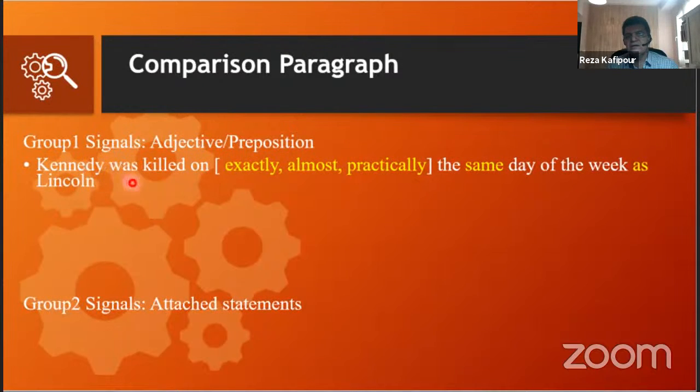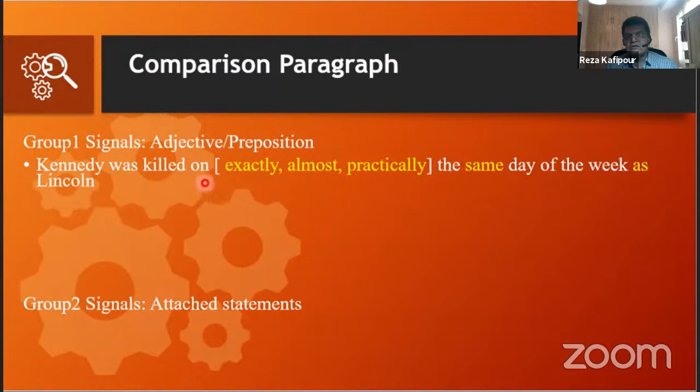So we say Kennedy was killed on exactly or almost or practically, based on the degree of comparison we are going to show, the same day of the week as Lincoln.